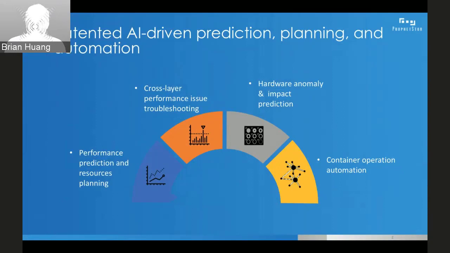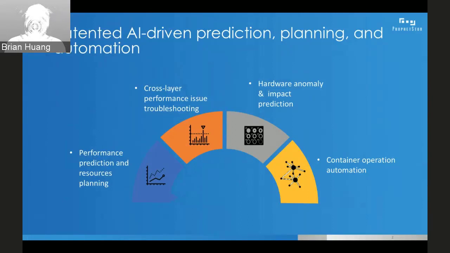We use machine learning to predict when the disk is going to fail, and also correlate those hardware issues to the performance issue in the upper layer. That means the container layer, the virtualization layer, or even the top layer, the application layer.